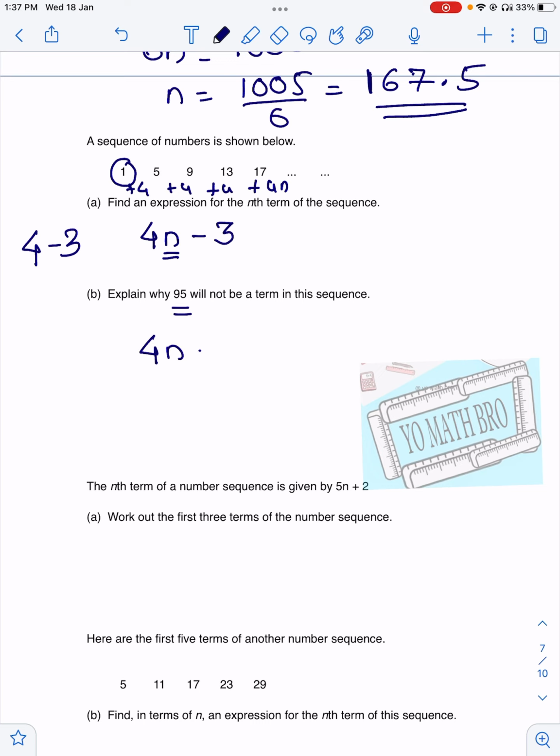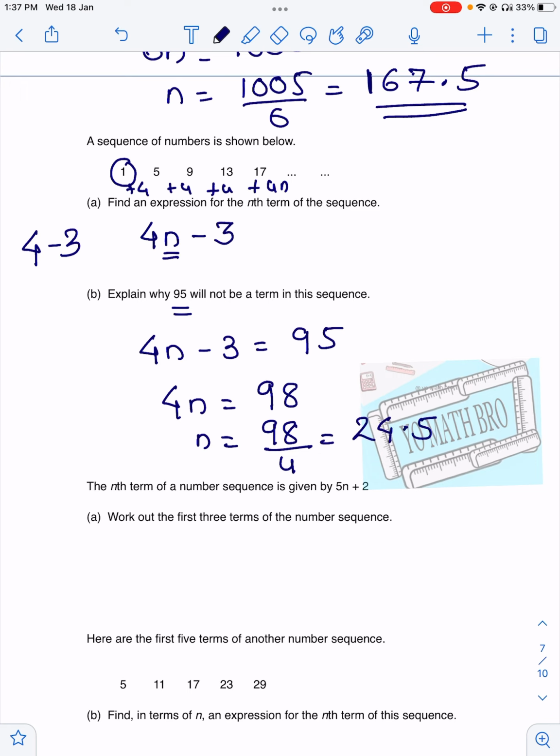Let us prove it. 4n minus 3 should be equal to 95 and n should be a whole number. Minus 3 goes that side, plus 3, n is equal to 98 upon 4. 4 2s are 8, 4 4s are 16, 4 5s are 20. Again I am getting a decimal number, so 95 will not be a term of the sequence.